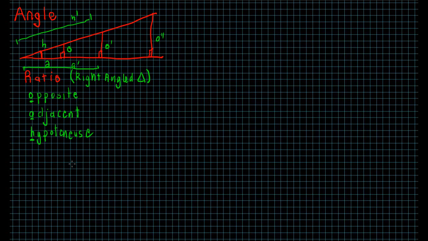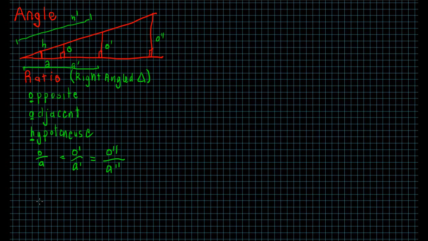So what they decided is they had these ratios, and they knew that they were the same. O over A in the small triangle equaled O dash over A dash, which equals O double dash over A double dash. The ratio was the same.